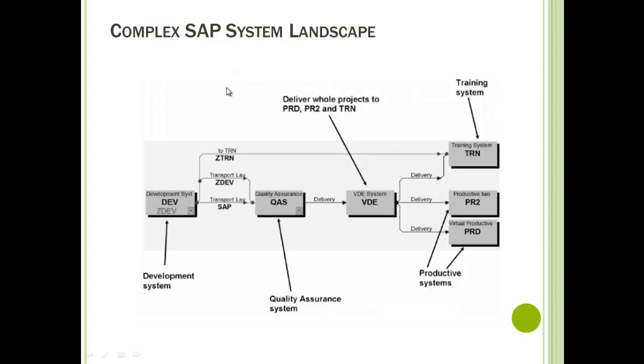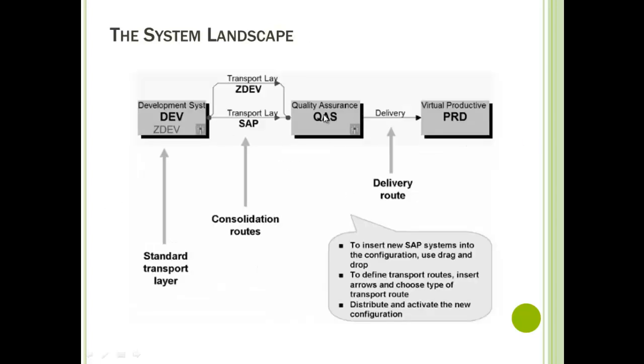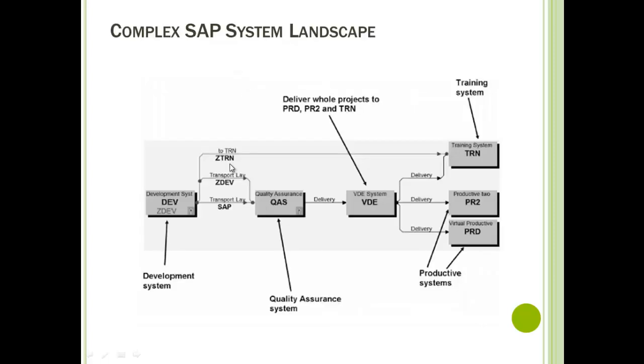If we go to the next one, here you can see a landscape which is more complex, which is basically created from the existing ones. From the old three system landscape, we have added additional deliveries and additional systems, additional consolidation routes and additional delivery routes.